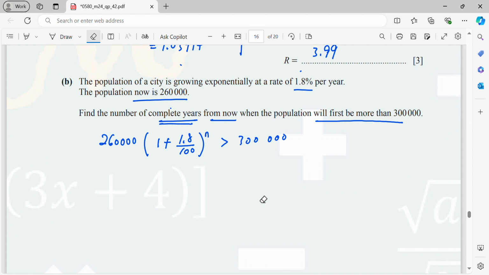So that is the working for this question. Right. So now first of all, the 260,000 will be moved down. So I will write 1 plus 1.8 over 100 to the power of n is greater than 300,000 over 260,000. So all the thousands, all these zeros can be cancelled off.